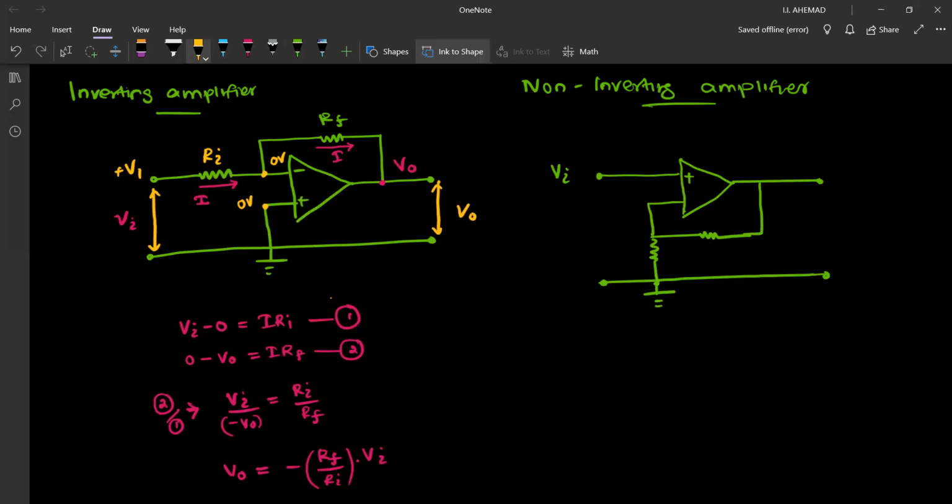So this is the output. And this is our input.